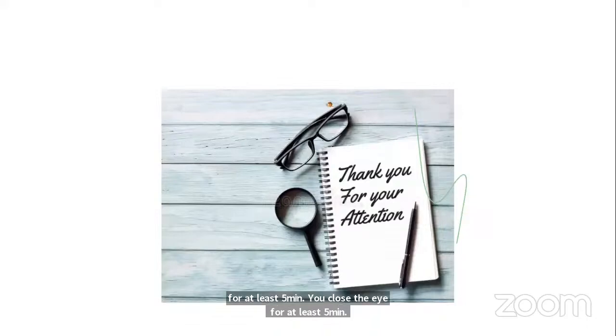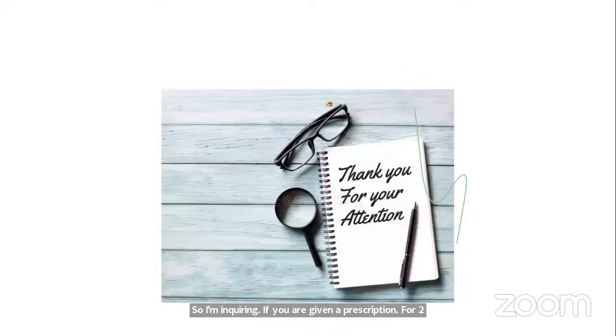So I'm inquiring, if you were given a prescription for 2 drops, does it mean that you also do it at intervals? You first put in one, and then you close for like 5 minutes. Then you again put in a second drop, or you first put in the 2 drops and then you close at once. Thank you.